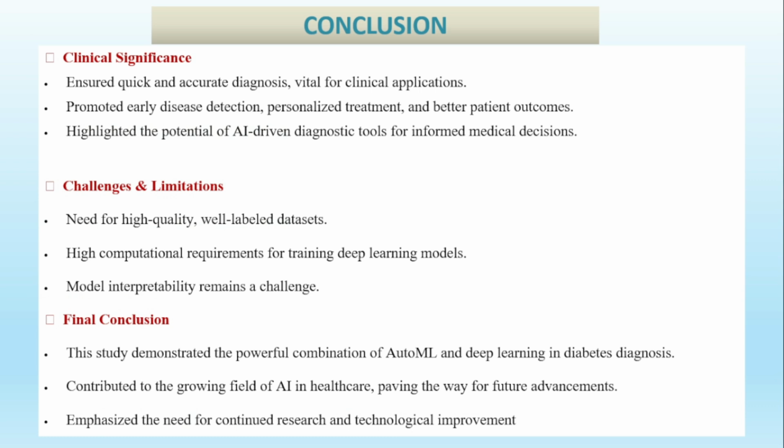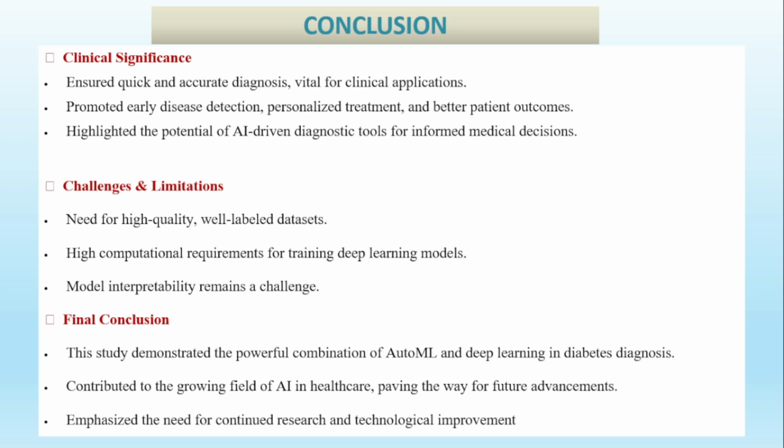Now, clinical significance: ensure quick and accurate diagnosis, vital for clinical application, prompted early disease detection, personalized treatment, and better patient outcomes, and highlighted the potential of AI-driven diagnosis tools for informed medical decisions. Challenges and limitations: the need for high quality, well-labeled datasets, high computational requirements for training deep learning models, and model interpretability remain challenges.